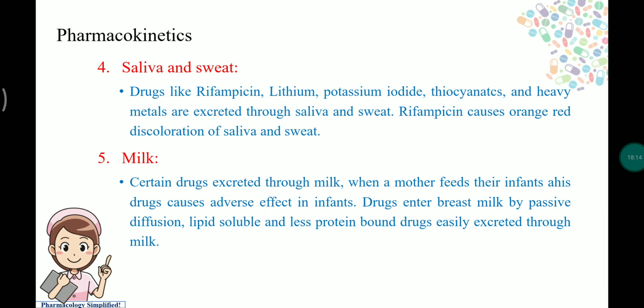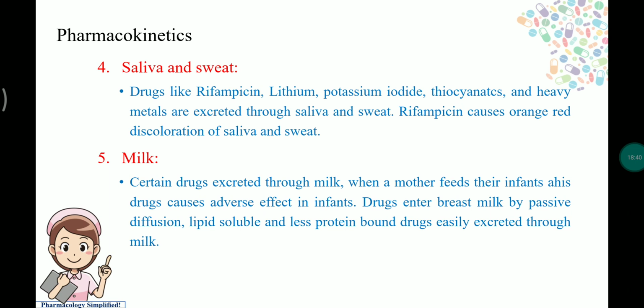Certain drugs are also eliminated through milk. When a mother feeds her infant, these drugs can cause adverse effects in the infant. The drugs enter the milk by passive diffusion. Lipid soluble and less protein bound drugs are easily excreted through milk.